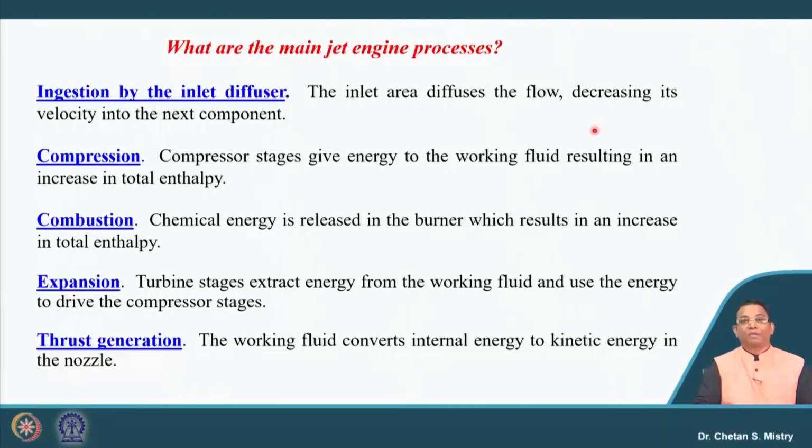Now we will be discussing more in thermodynamic terms. Next is my combustion chamber, where chemical energy is released in the burner, which results in an even higher enthalpy. This higher enthalpy passes through the turbine, where it extracts energy from the working fluid, and it drives my compressor.